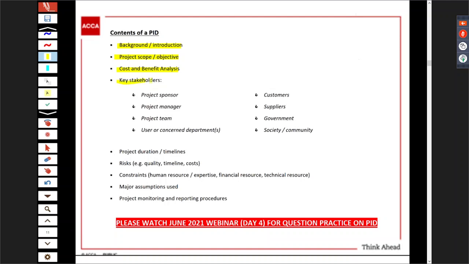Then they would like to know who the key stakeholders of the project are. There are a lot of stakeholders in a project. First of all, there's the project sponsor, who will be the project manager, what project team, who are the main users of the project once it's completed, and then any external stakeholders, will it affect our customers, suppliers, government, society.